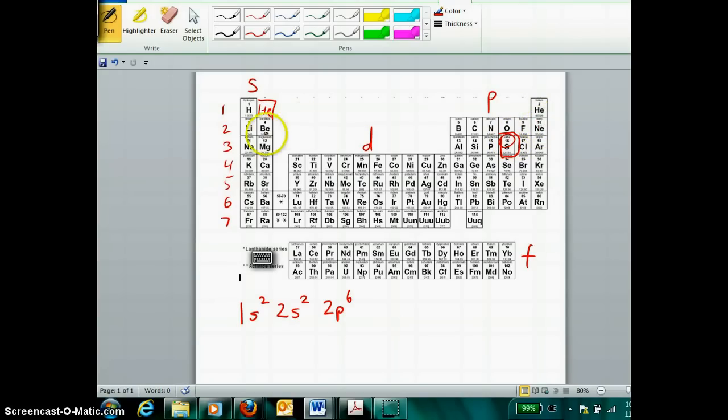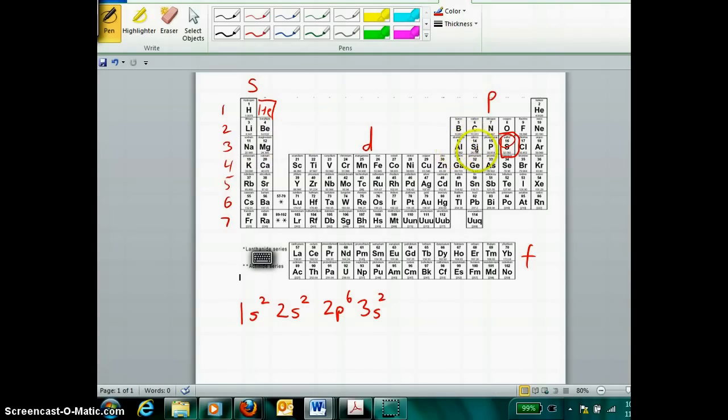Then, of course, after 10 comes 11. And once again, I find myself in the S block. And 2 electrons can go into the next S sublevel. And of course, since every principal energy level has an S, the next one is the 3s. And I can put 2 more electrons into the 3s. Then, of course, after 12 comes 13.